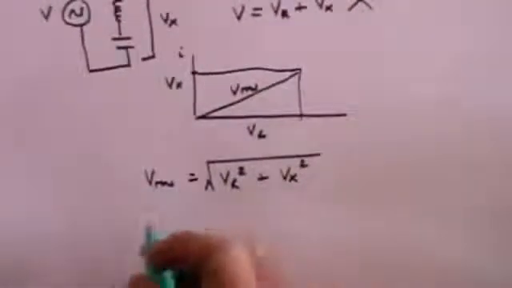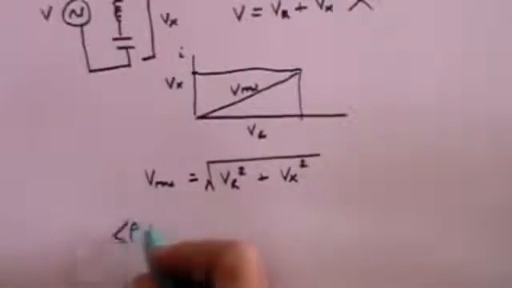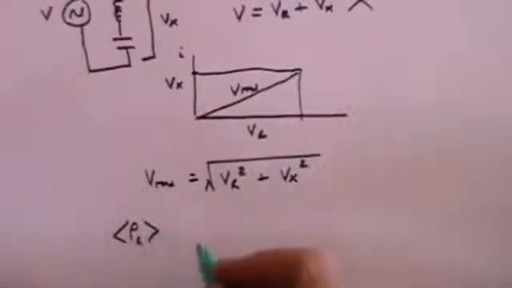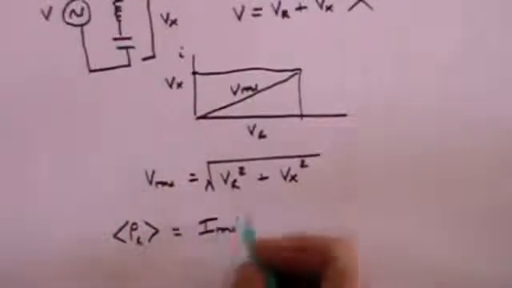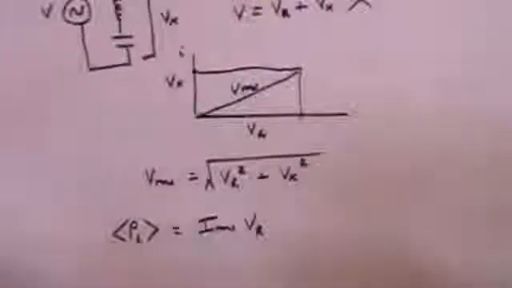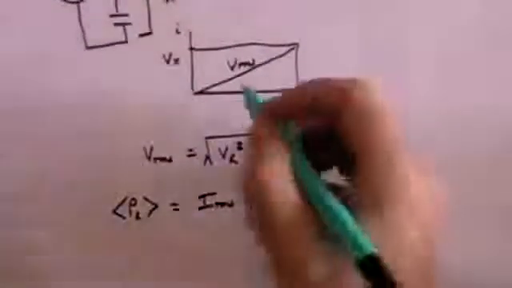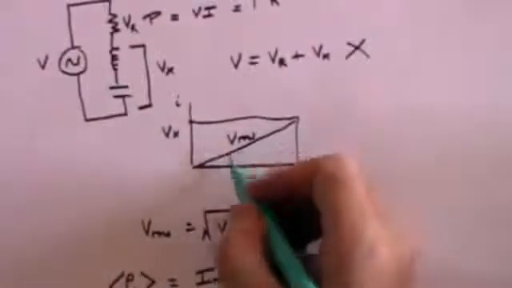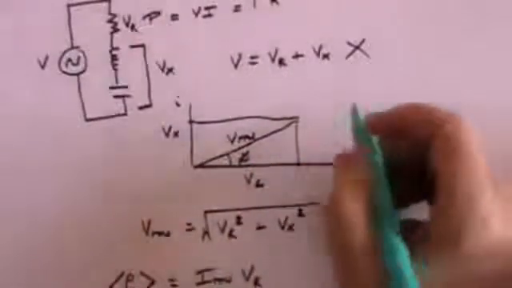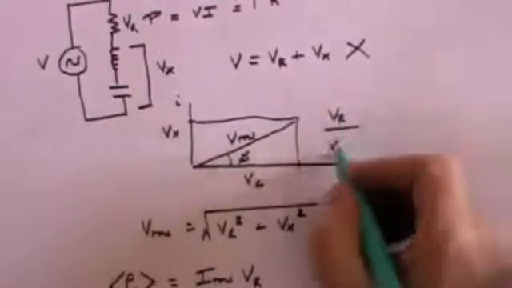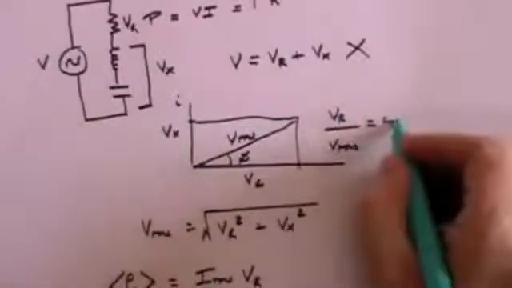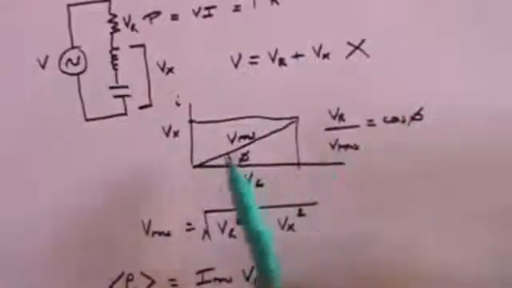So the power loss, and we're going to do the average power loss through the resistance R, because that's the only place you lose power, is going to be the root mean square of the current times the voltage across R. But if you look at this diagram here, you'll see that VR over VRMS is equal to the cosine of the angle phi.